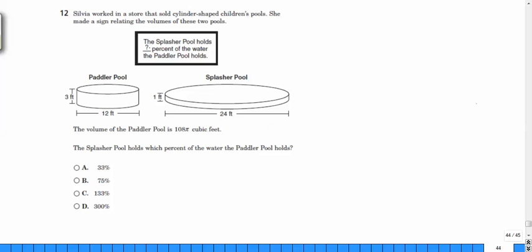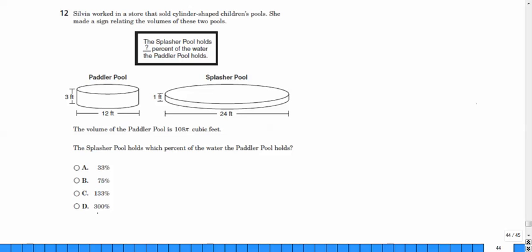The volume of the paddler pool is 108 pi cubic feet. The splasher pool holds which percent of the water the paddler pool holds? And you have the four options in here, as usually on the proficiency exam.